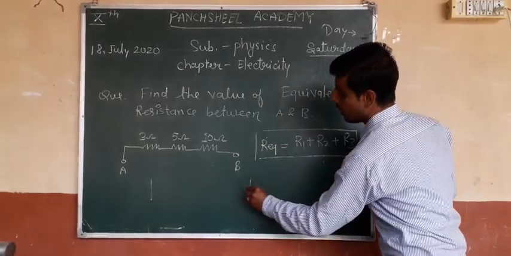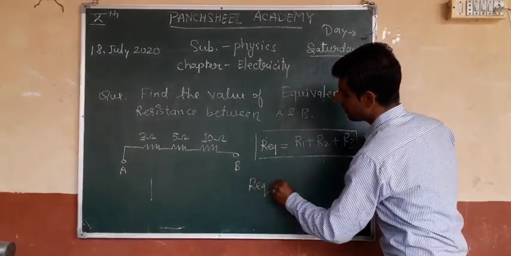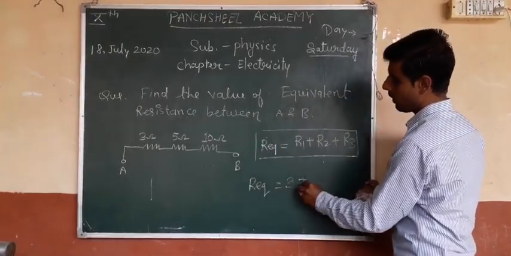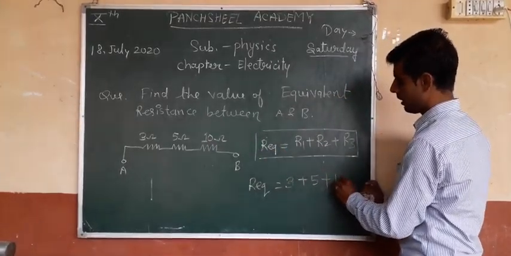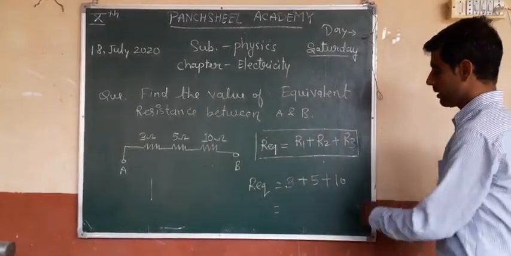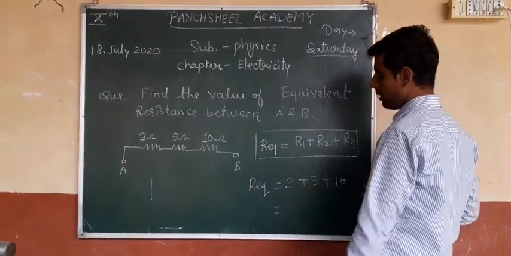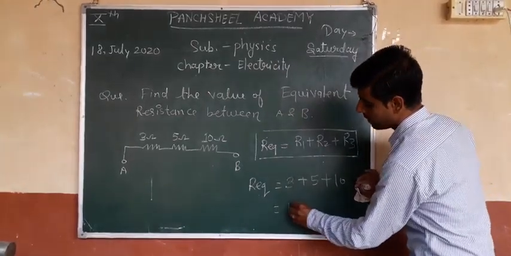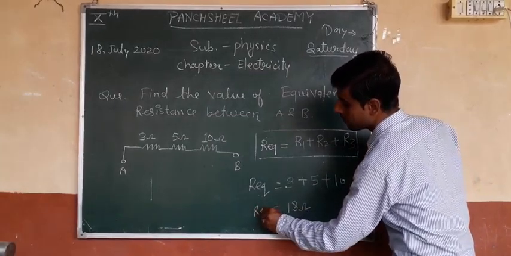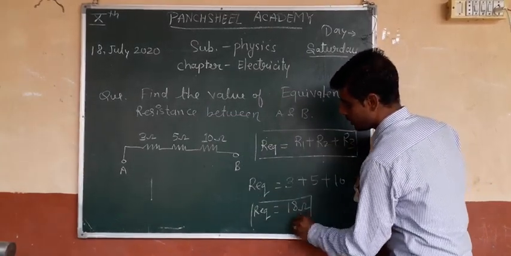So R equivalent equals, what is the value of R1? R1 is 3, R2 is 5 and R3 is 10. So what is the value of this? 5, 10, 15, 15 and 3. This is 18 ohm resistance. So what is your answer? 18 ohm.